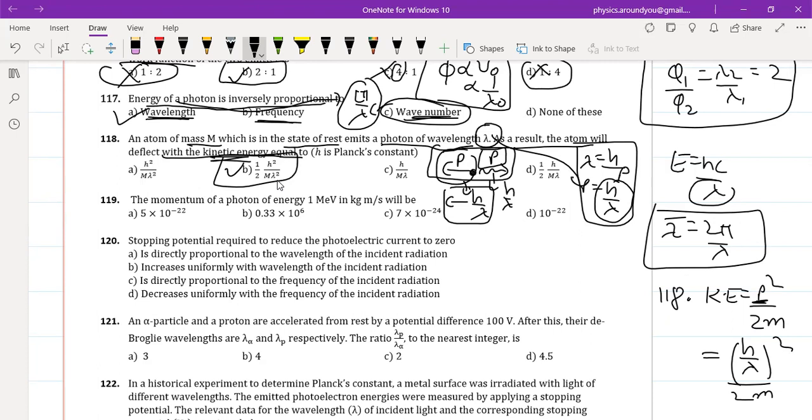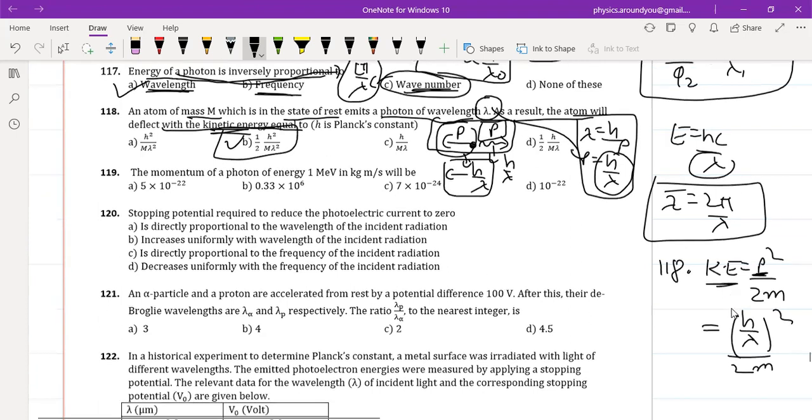So 118 is a combination of momentum conservation and modern physics. If light carries a momentum of p forward, atoms should recoil with the same momentum backward. P equal to h by lambda. And with the momentum p, how can I get kinetic energy? Kinetic energy is p square by 2m. That would be question number 118.